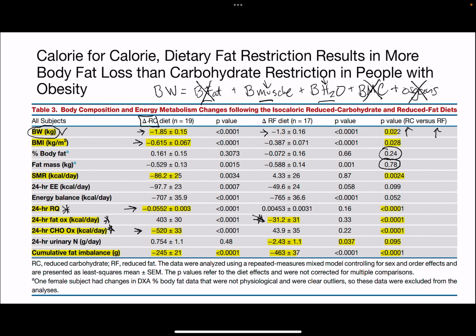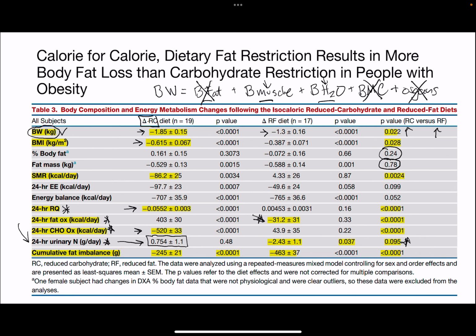And if we also look at our urinary nitrogen, it's significantly different. The participants were losing more nitrogen in their urine compared to the reduced fat.